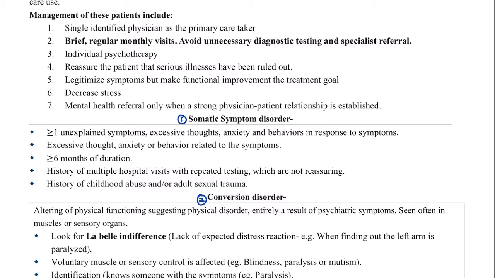There should be a history of multiple hospital visits with repeated testing, and those tests must come back negative. So these patients will have negative tests, and yet they say they have pain in the abdomen. This is most commonly seen when there's a history of childhood abuse or adult sexual trauma. They want to stay in the hospital. This is unconscious, and they want to stay in the hospital to gain treatment.